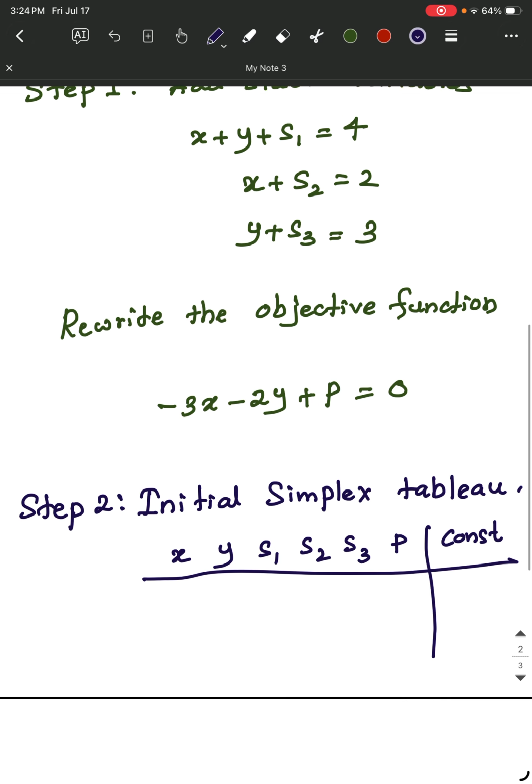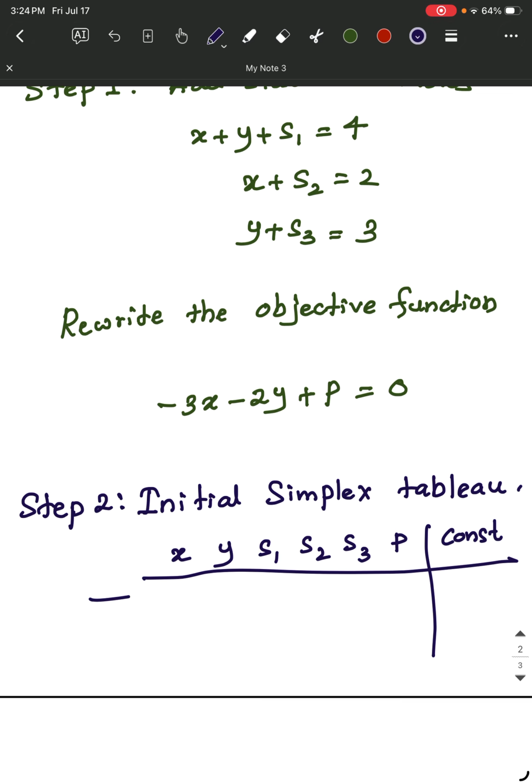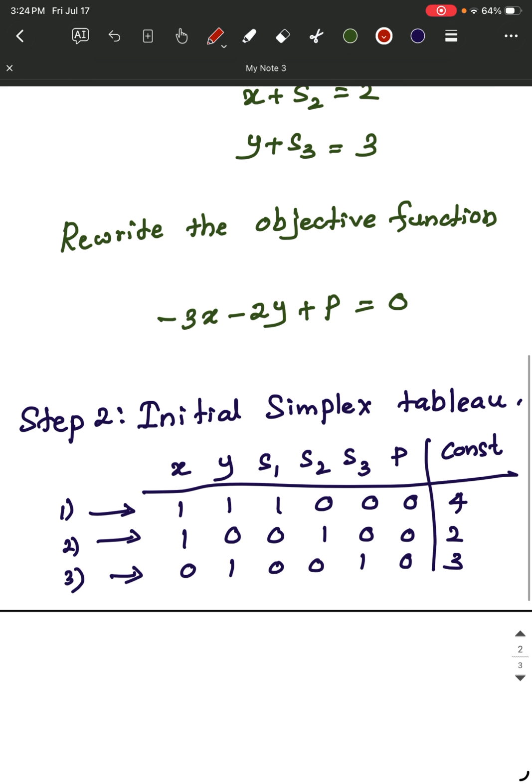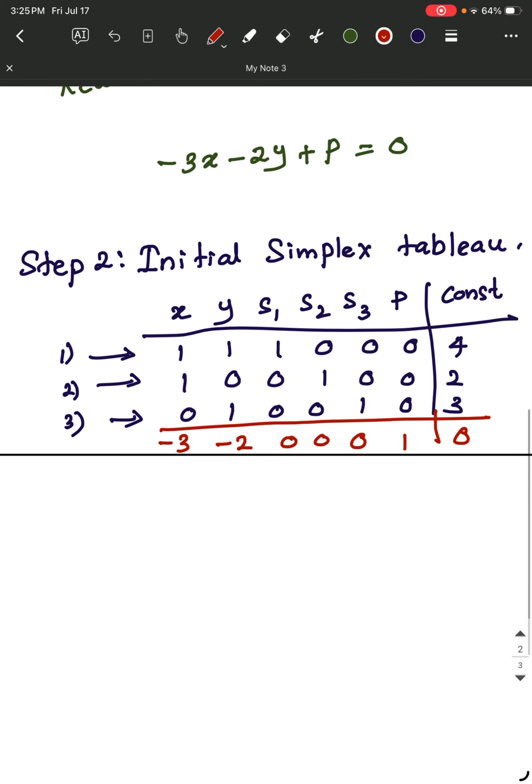Then from constraint 1: 1, 1, 1, 0, 0, 0, 4. From the second one: 1, 0, 0, 1, 0, 0, 2. Third one: 0, 1, 0, 0, 1, 0, 3. And the bottom line, which is the objective function: negative 3, negative 2, 0, 0, 0, 1, 0. So this would be the initial simplex tableau.